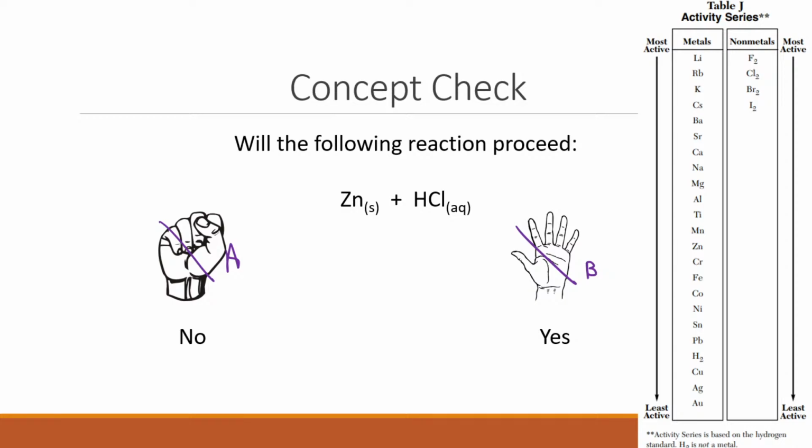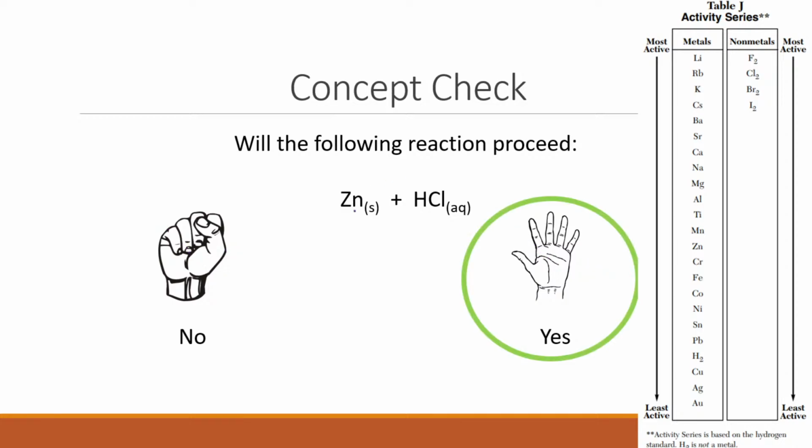This reaction is the one that I used as our example on the last slide. When we look, zinc is trying to replace hydrogen. Zinc is higher than hydrogen, and so zinc will replace hydrogen, kicking hydrogen out. This reaction will go forward.